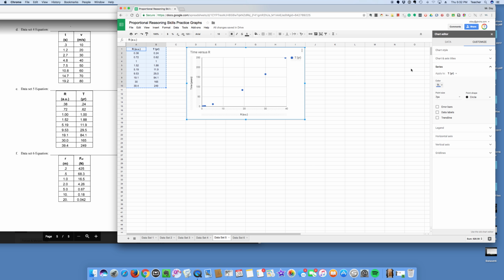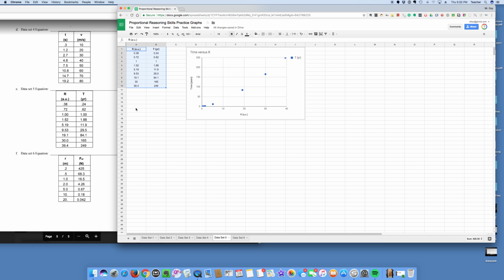I can't put a trend line. This is such a curve. But I'm going to have to graph time versus R squared, right? So let's do R squared and see what happens. That's going to make the units AU squared, right? And the time is going to just stay the same.